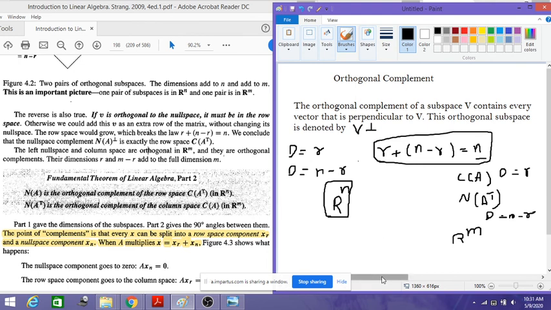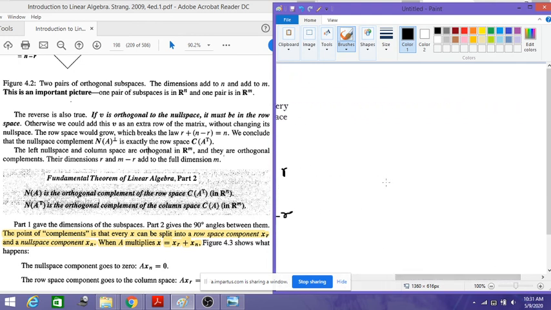So let me write this in terms of statements. This forms part 2 of the fundamental theorem of linear algebra.